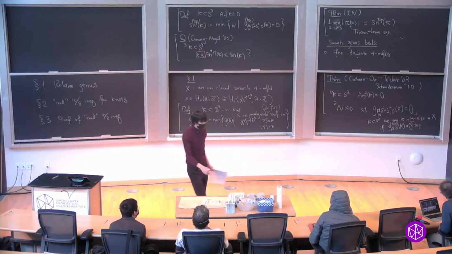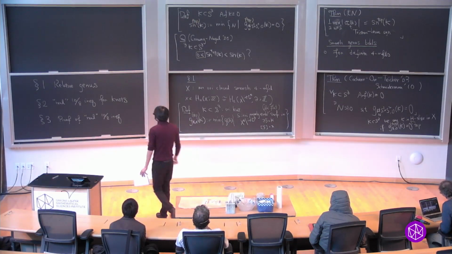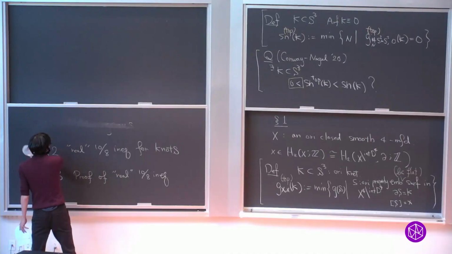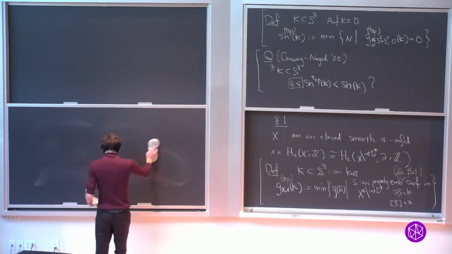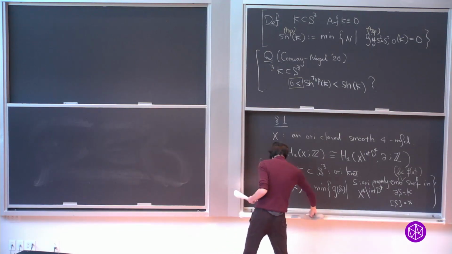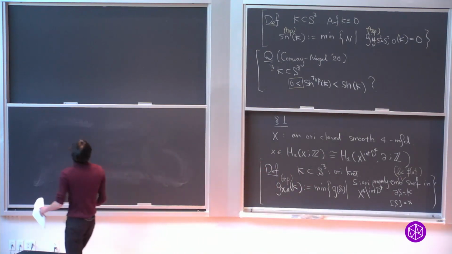So for definite manifolds, there are a lot of tools to give a strong lower bound of smooth genus. Let me just say the representative things.